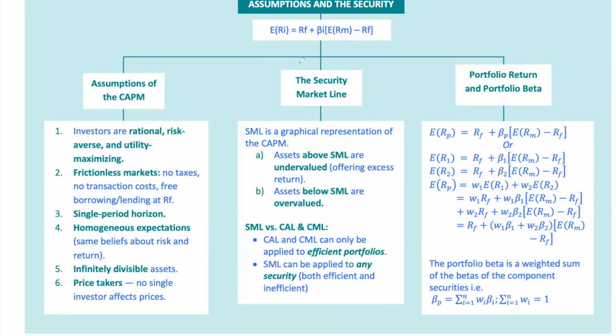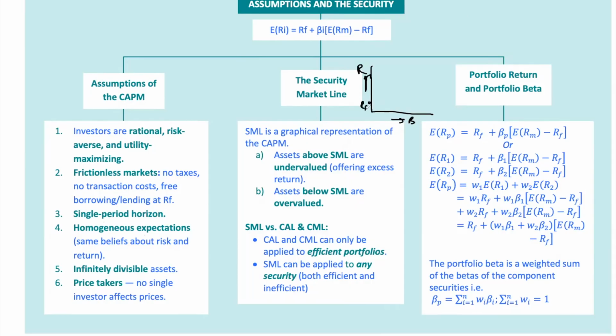All right, now let's make this thing visual, because this is where CAPM comes alive. We've got the security market line, or the SML, and this, folks, is basically CAPM on a graph. Picture this. On the horizontal axis, we've got beta, our measure of risk. And on the vertical axis, we've got expected return, what investors hope to earn for taking on that risk.